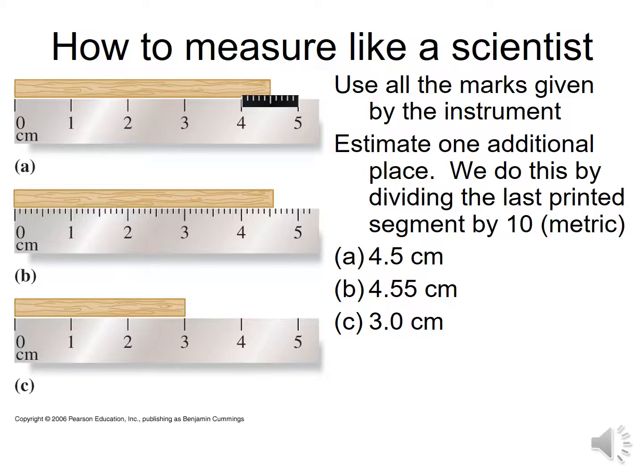Now there are cases where the spaces may be so close that you could only estimate one maybe gap between those lines. For example, if 3.4 and 3.5 were very close together, you might not be able to see close enough to be able to tell 10 spaces, but you might be able to see if it's on the line 3.4, on the line 3.5, or in between.